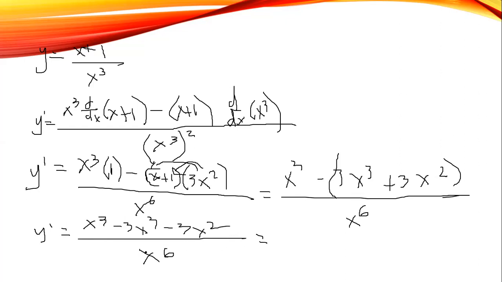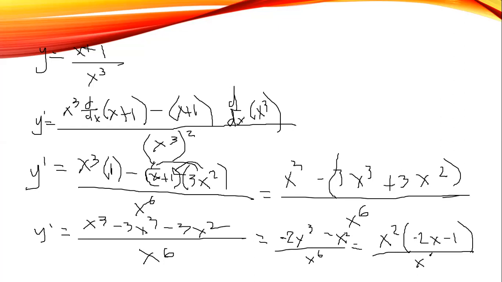So now the derivative is equal to x cube minus 3x cube is equal to negative 2x cube minus x squared divided by x raised to the 6th power. Can we simplify this? Of course. What we will do is factor out x squared since they both have x squared. So, it becomes negative 2x minus 1 divided by x raised to the 6th power.